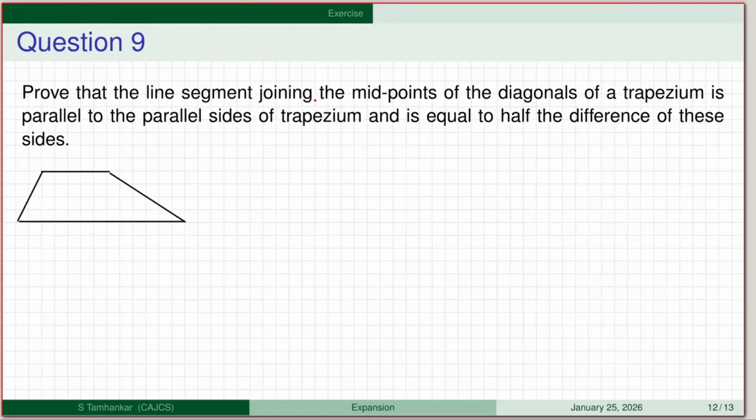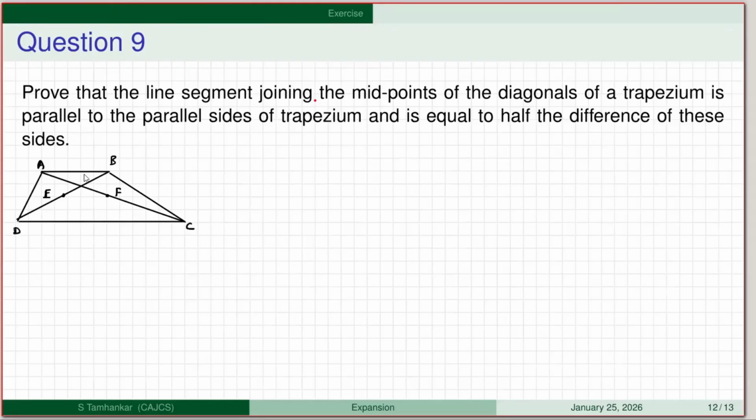So we are talking about a trapezium and the diagonals of the trapezium. Okay, so here let us name them. So we have A, B, C, and D, and you have E, F as the midpoints.